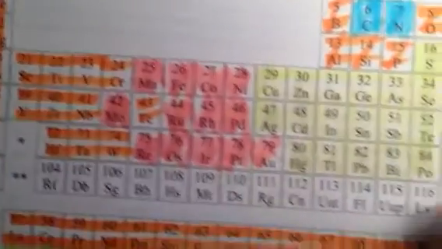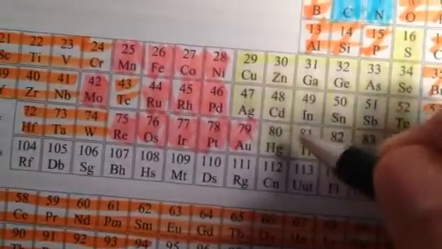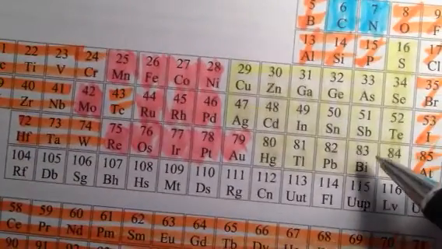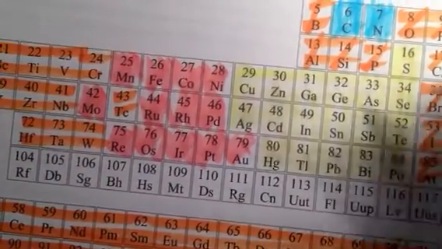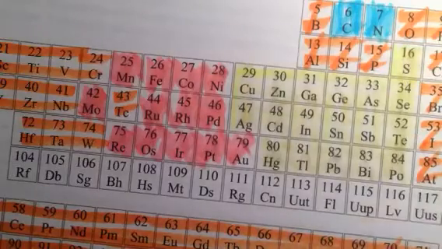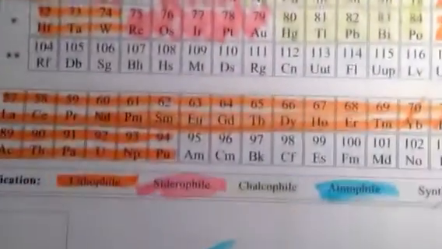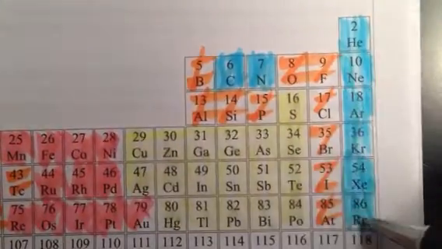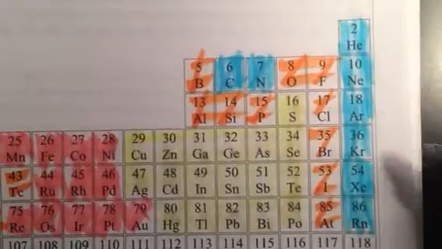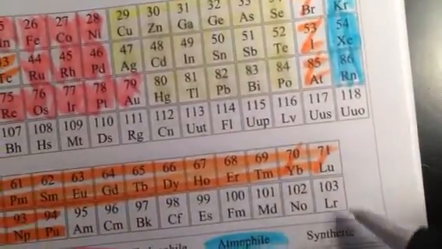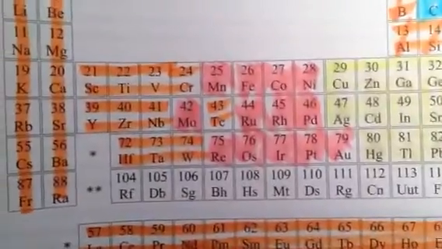Your calciphiles, which are like copper, zinc, cadmium, selenium, lead, bismuth, and sulfur over here as well. And you have your atmophiles, which are hydrogen, carbon, nitrogen, and noble gases. They're over here. And you have your synthetics, which are man-made. Doesn't really count.